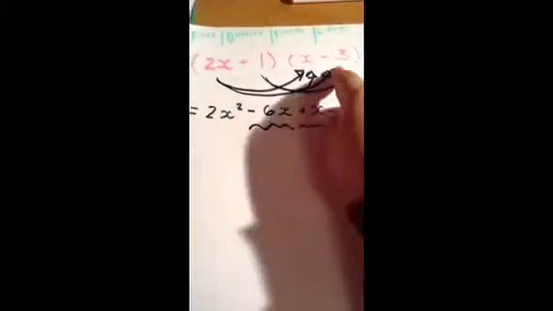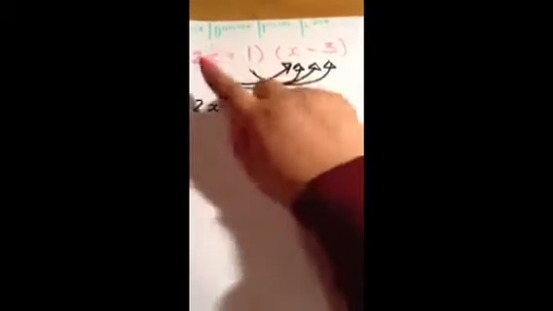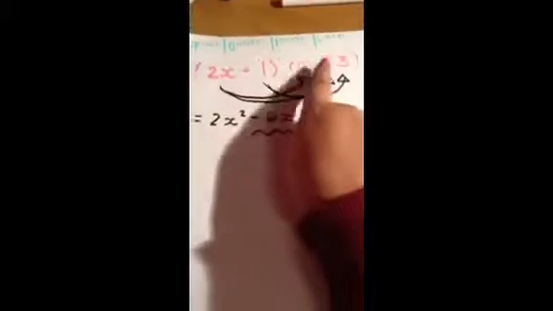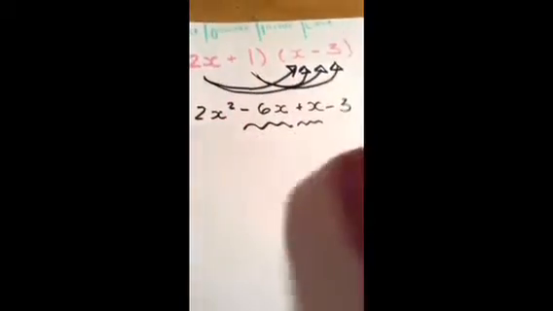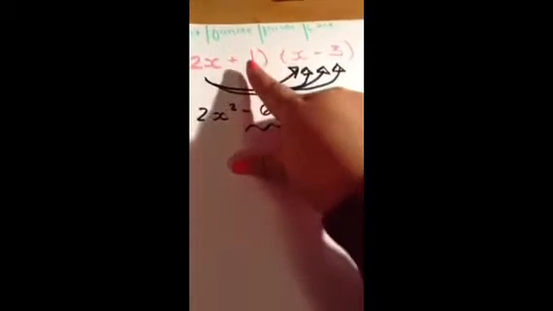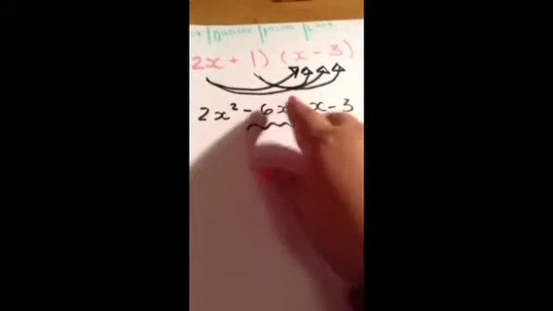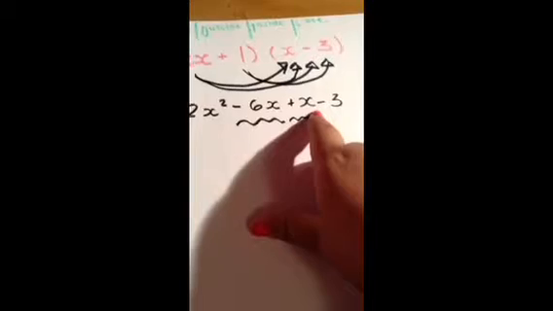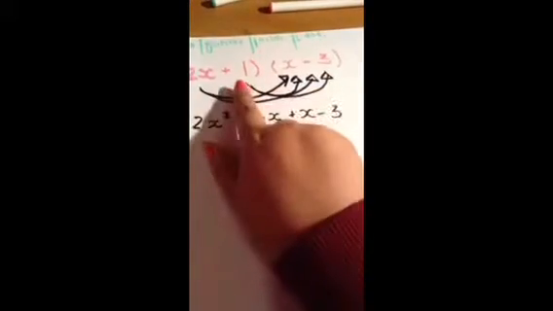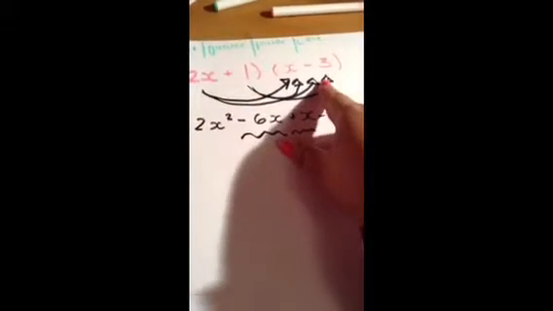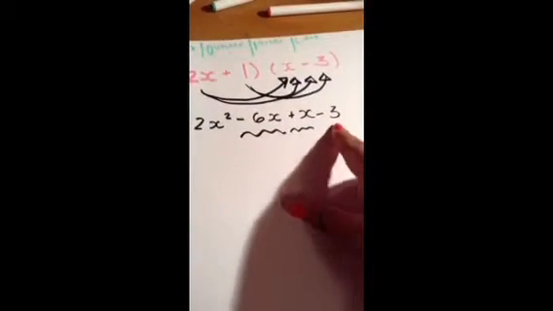And then we're going to be multiplying the outsides, 2x times negative 3. So we're going to multiply 2 times negative 3 and end up with negative 6, and then the x gets carried along with it. Then we're going to multiply the insides, so 1 times x, we're going to end up with 1x, or x. And then we multiply the lasts, so 1 times negative 3, we're going to end up with negative 3.